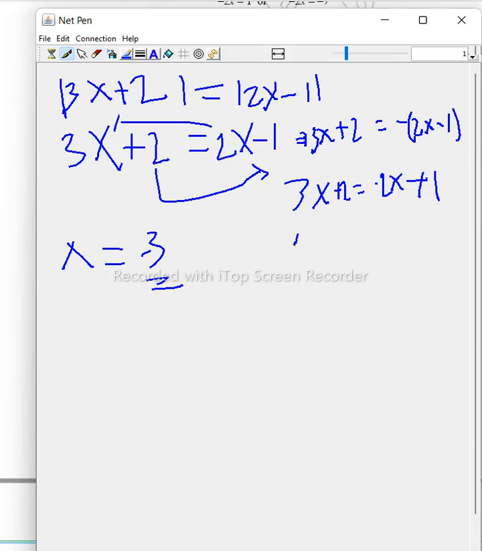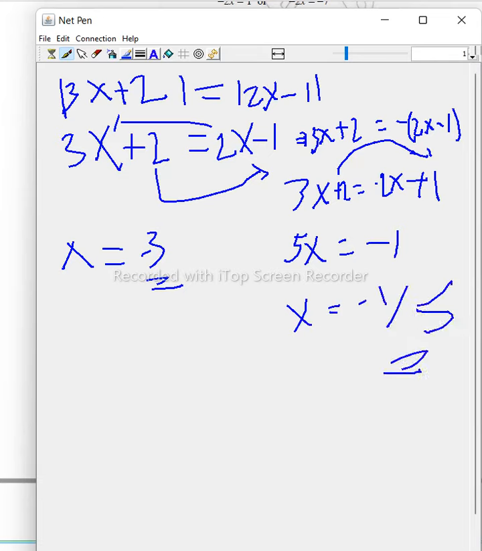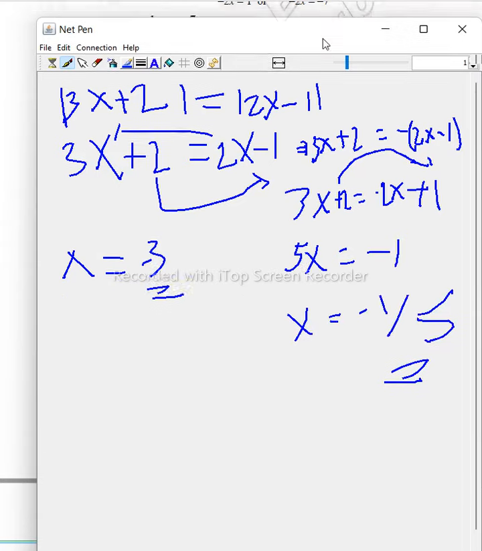So 3x plus 2x is equal to 5x, is equal to, we bring this to the right of the equation, which is 1 minus 2, which is minus 1. So x will be minus 1 over 5. So our answer will be minus 1 over 5 and minus 3. This is all about this example.